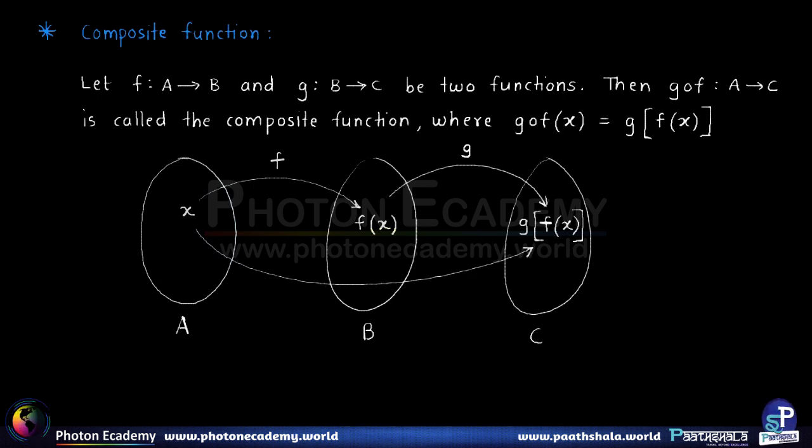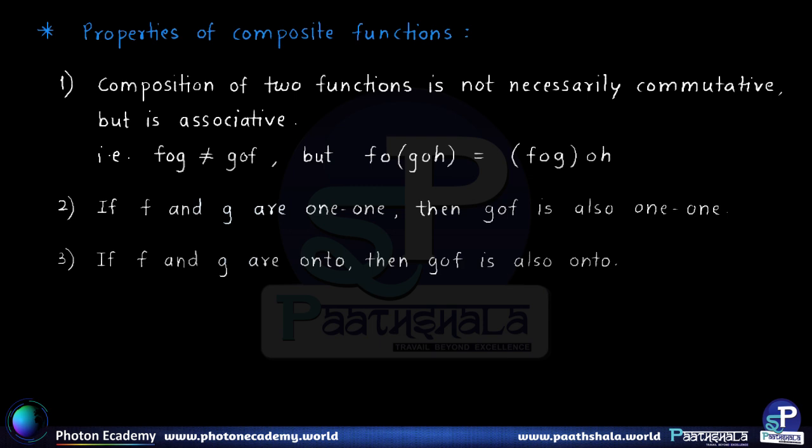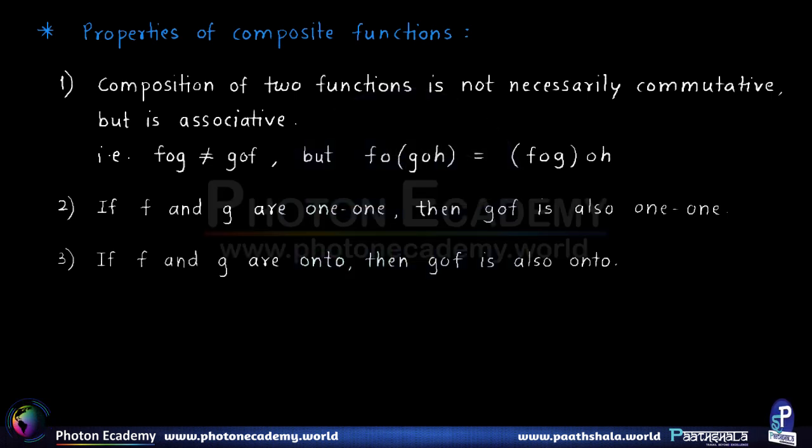So let us see some of the important properties related to a composite function. Composition of two functions is not necessarily commutative, but it is associative. By commutative we mean f of g is not necessarily the same as g of f. It may be the same, but it may not be, so in general we say it's not commutative.